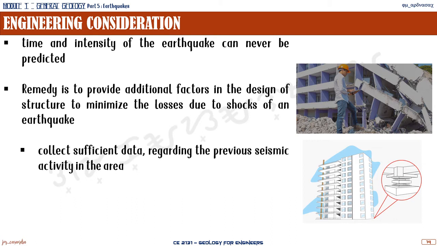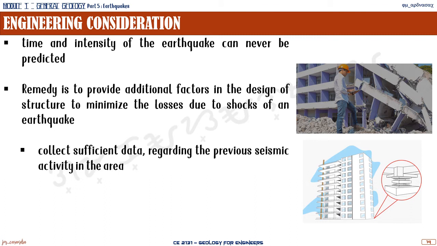So an example of this remedy and additional factors could be taken by collecting sufficient data regarding the previous seismic activity in the area. So for example, your location A has always experienced earthquakes of magnitude 6 or 6 to 7 every 3 years.